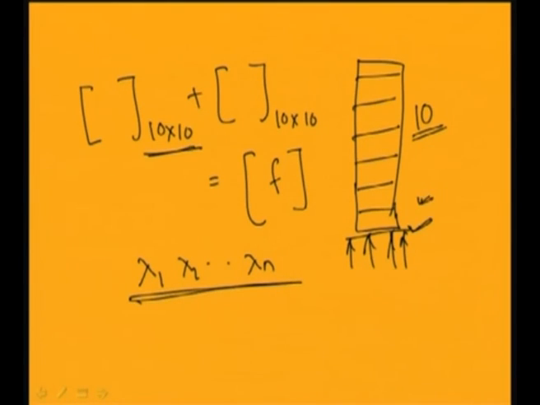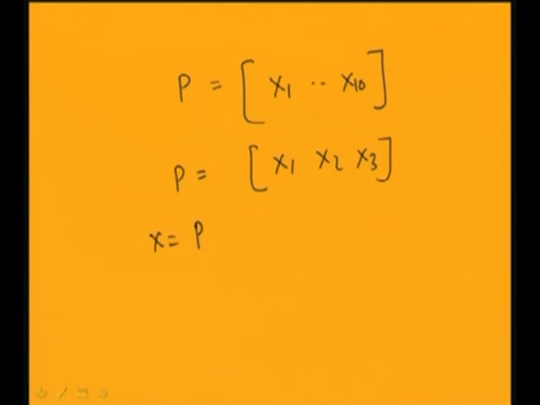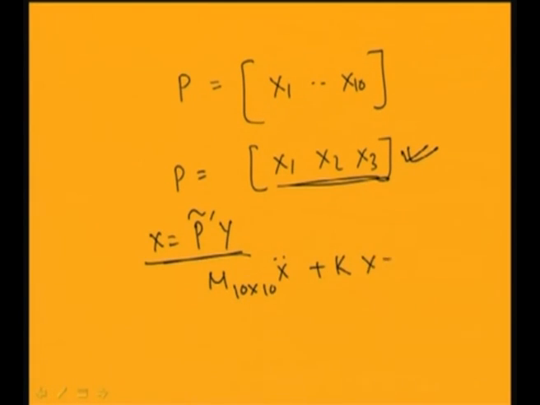So instead of taking all the modes of the system, x1 to x10, we may take only a few modes of the system. Let me take only the first 3 modes, x1, x2, x3. Now by taking x equal to P, the weighted modal matrix, times y, where only the first 3 modes are taken, we can convert this equation, which was the 10 by 10 M x double dot plus K x equal to f.